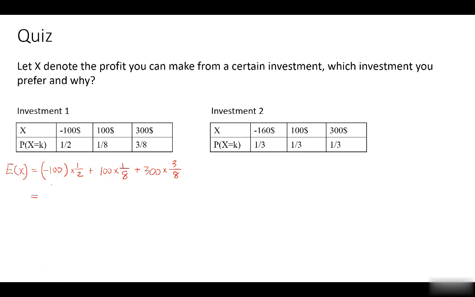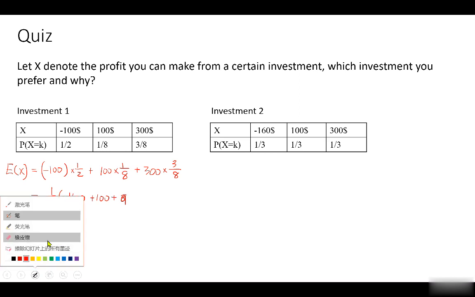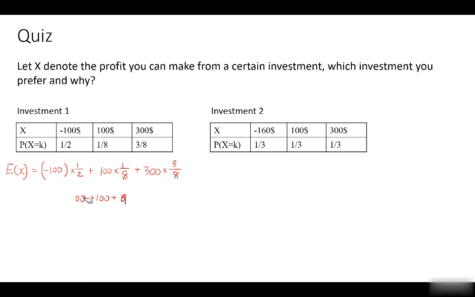Which means 1/8 times minus 400 plus 100 plus 900.